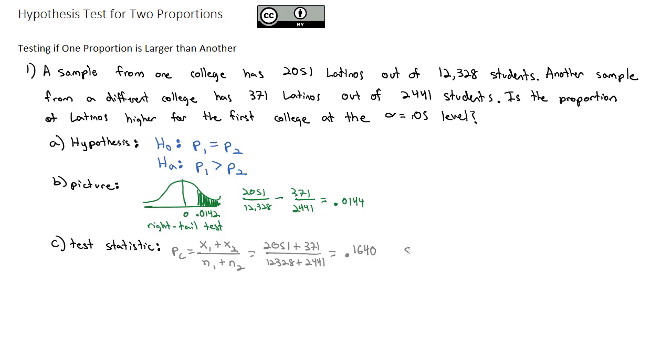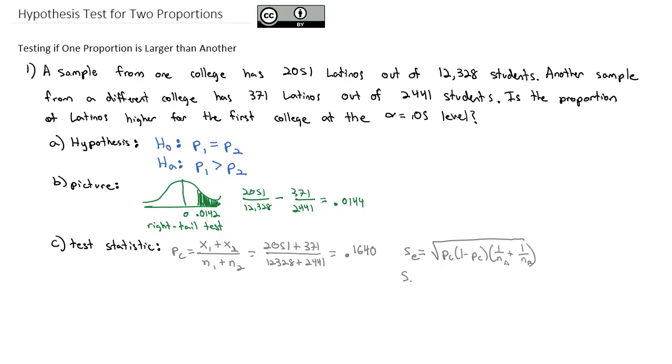Knowing that pooled proportion allows us to calculate the standard error. Remember, the standard error formula is the square root of the pooled proportion times 1 minus the pooled proportion times 1 over the sample group 1 plus 1 over the sample group 2.